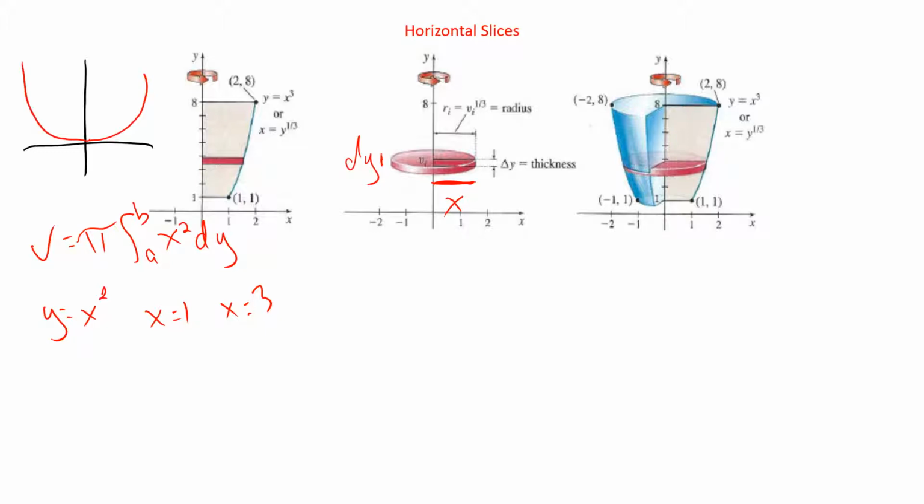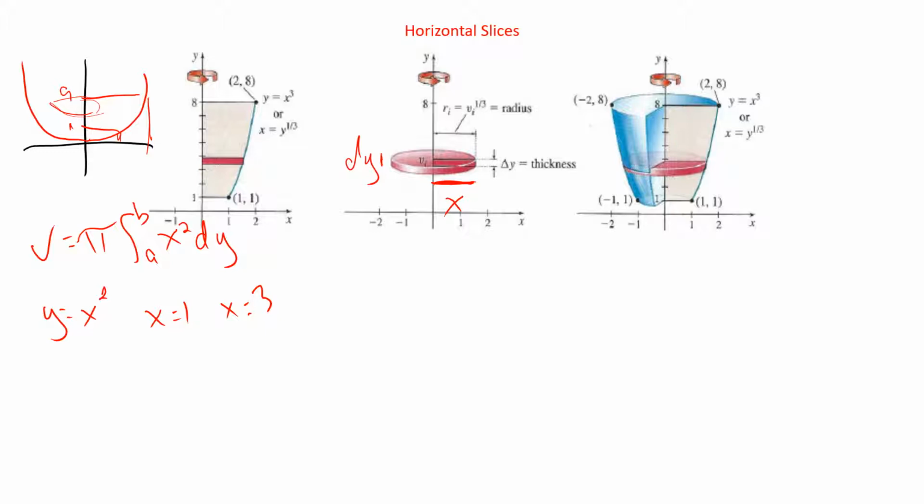We only really need 1/2 of this because when we revolve it, it's going to be symmetric anyway. But we want x equals 1 to 3, which will be y equals 1 to 9, because when x equals 3, y equals 9. And so then we're going to be revolving it this way this time, whereas we went vertically the last time.